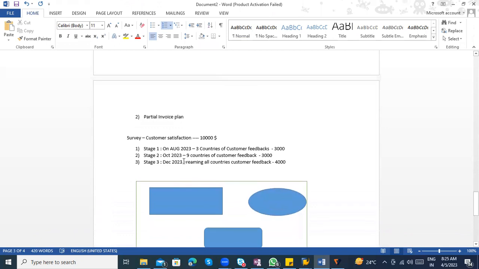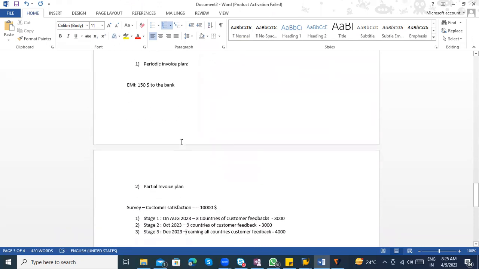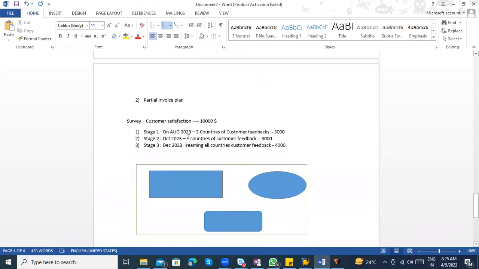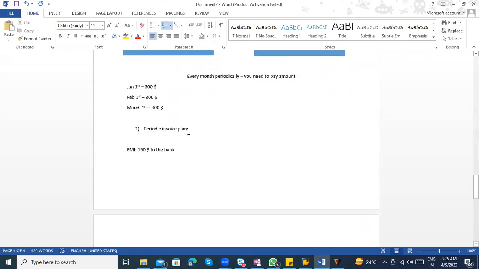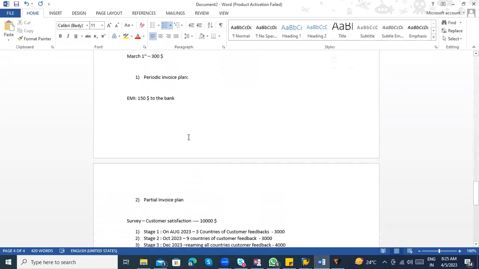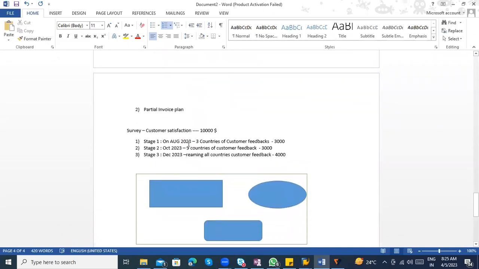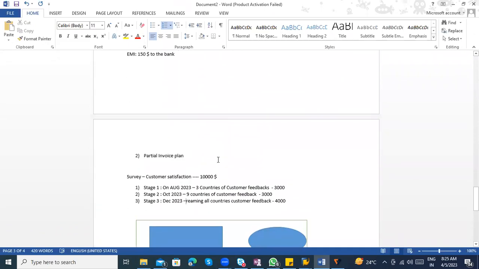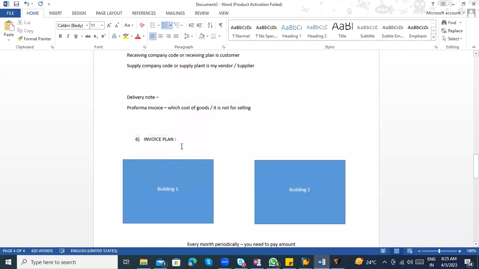In both cases, you are not receiving any goods. You are taking the service. So there is no GR, no goods received here, and even no invoice, because you are paying the recurring amount automatically.